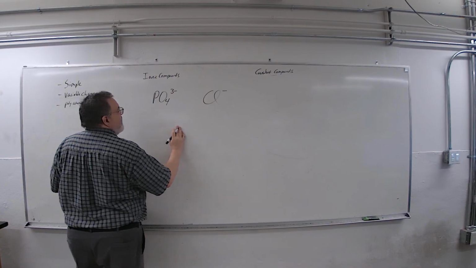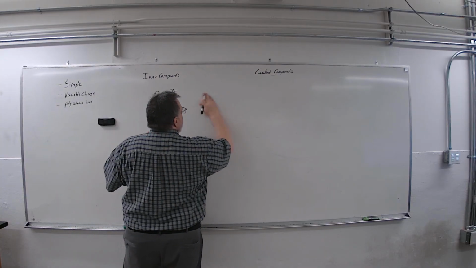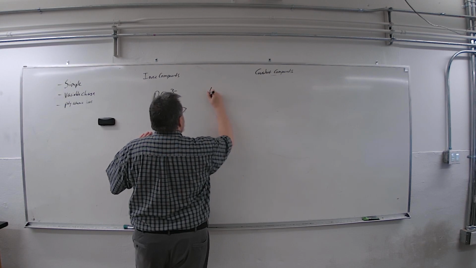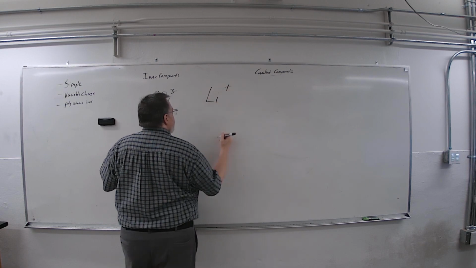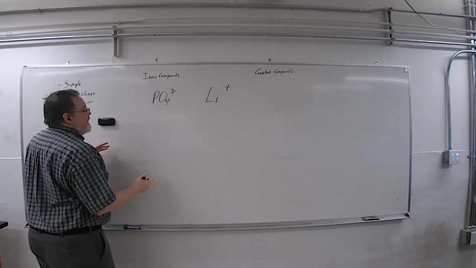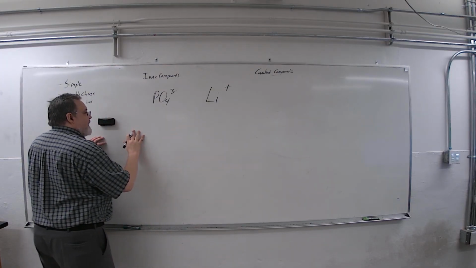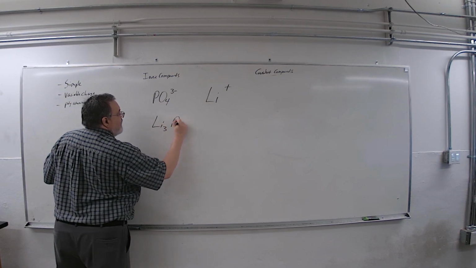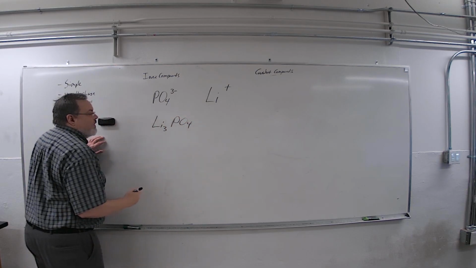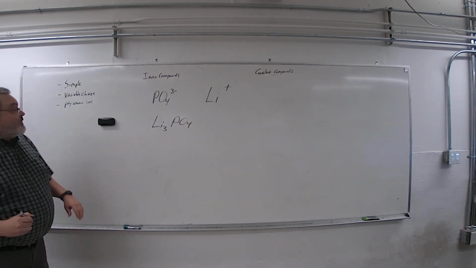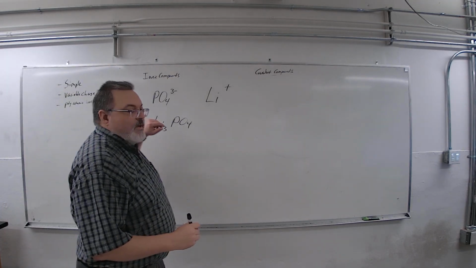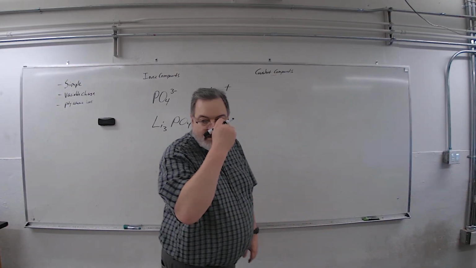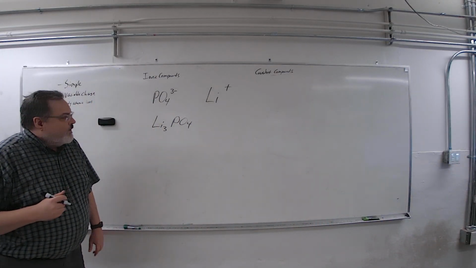So the formula here would be, lithium, positive charge. Okay. So the formula you would make here is you put positive on the left, negative on the right. So I would go Li3PO4. So now I've done one of these. One of them that involves a polyatomic ion. And the name is in there. I'll get to naming in just a minute.